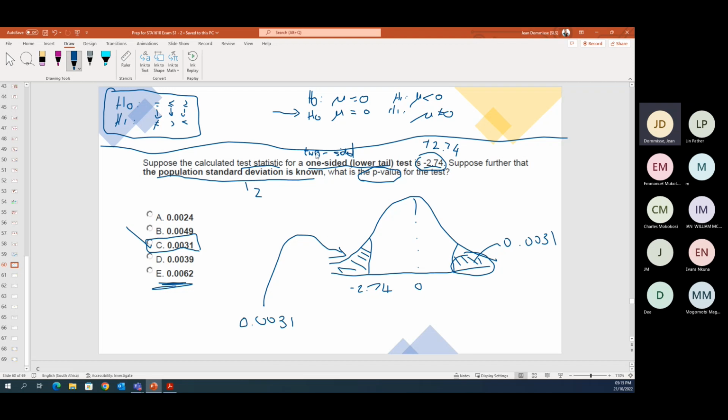And if it was two-sided and it was plus, it will still be 0,0031 times 2. I think it's very important to see all these other ways that they can ask it, and you nearly get to the same answer sets.